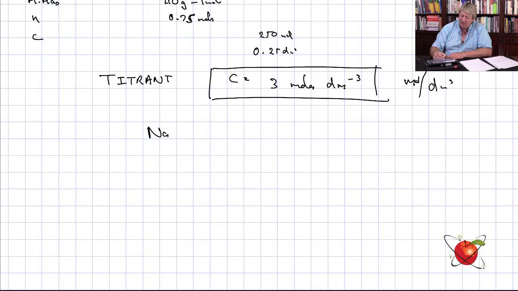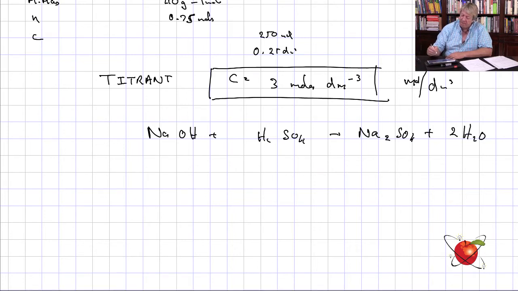Right, now let's have a look at our titration reaction. It's NaOH plus H2SO4, okay, going to Na2SO4 plus 2 H2O.